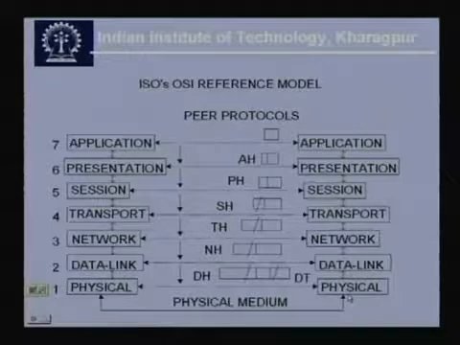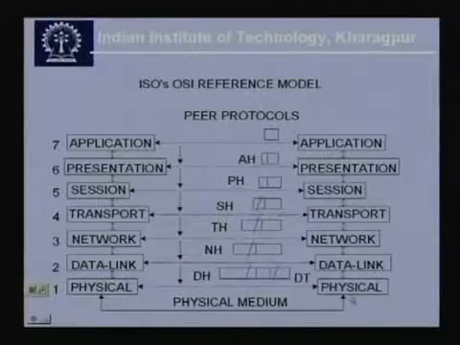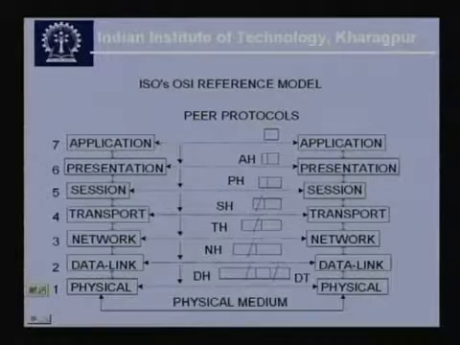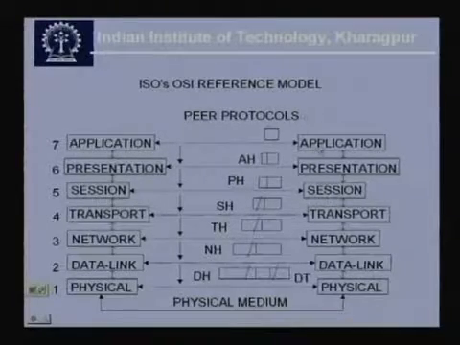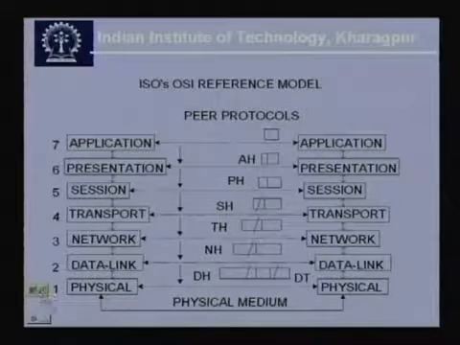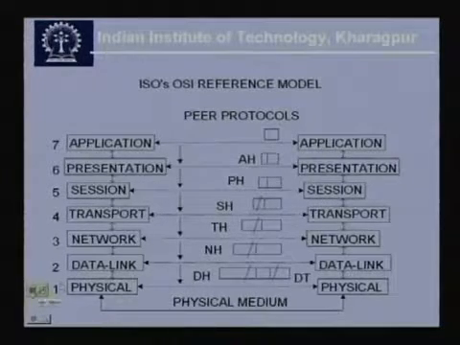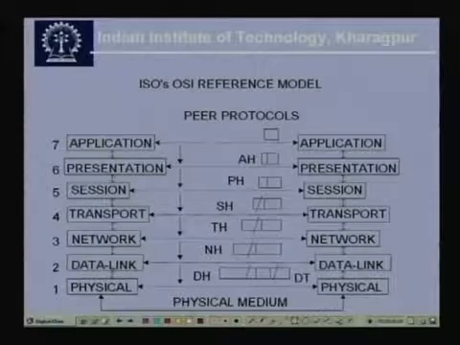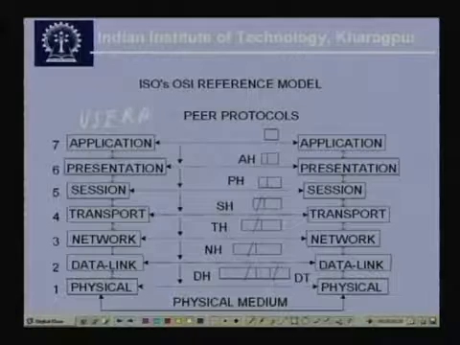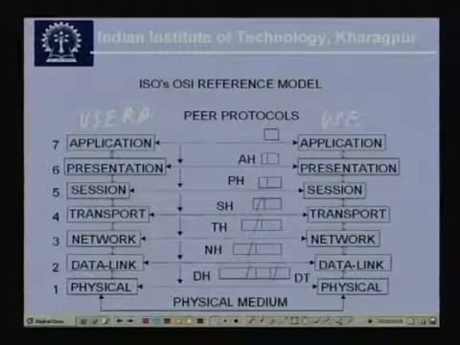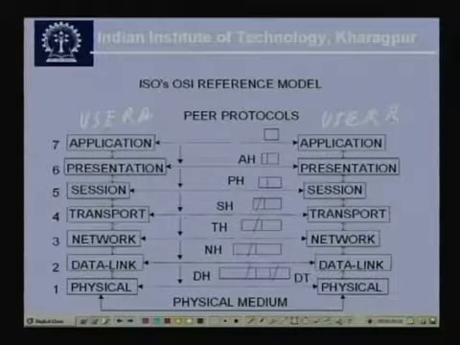So, here how the communication takes place is maintained. However, the communication takes place between two users, rather peer protocols. For example, here you have user A and here is user B. Suppose they are sending email.